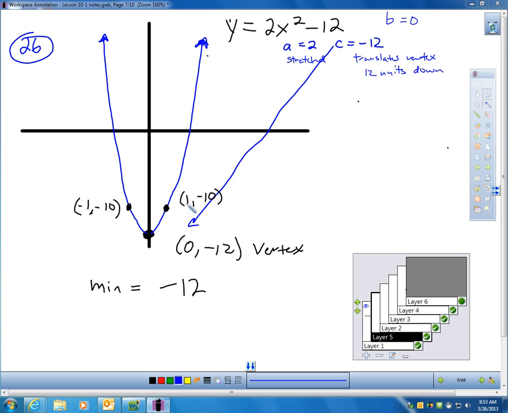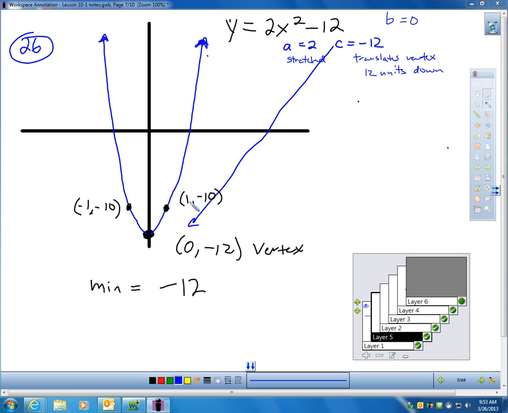Just pick an easy value for x, plug it in, and solve. So I already know when I plug in 0, I get negative 12. That's what this point means. So the next easiest thing to try would be 1. So I'll plug in 1. 1 squared is 1. 2 times 1 is 2. And 2 minus 12 is negative 10. That's where I'm getting (1, negative 10) from.